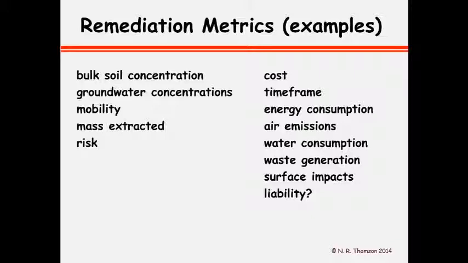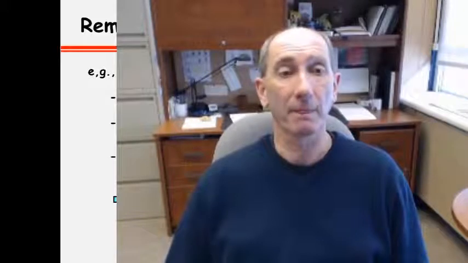The ones on the right side are not direct data that would impact how clean the site is, but are the associated data such as cost, the time frame, the amount of energy consumed, any inputs to the air shed, water consumption, the amount of waste that is created, surface impact, and perhaps an increase in site liability.